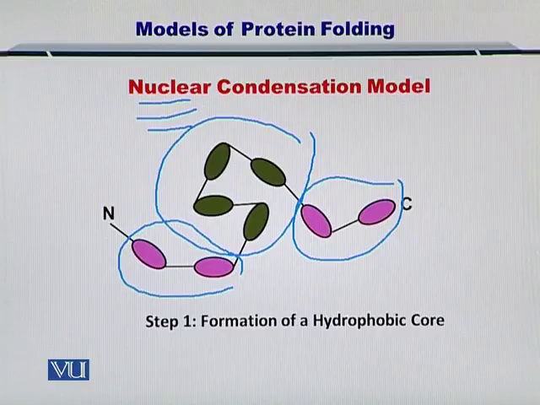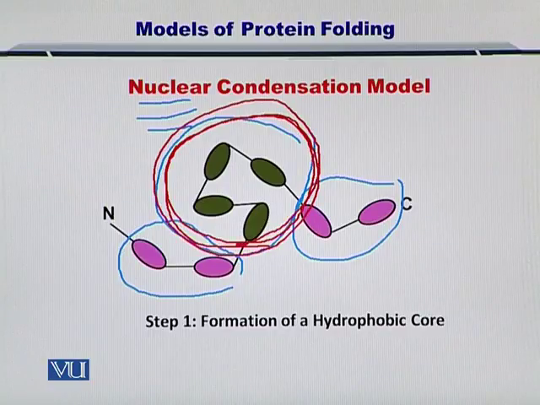The important thing to focus on here is that the nucleus will essentially be composed of the hydrophobic amino acids, because the hydrophobic amino acids need to hide inside the core of the protein, and therefore if you form the nucleus, all of these nuclear amino acids will be hydrophobic.